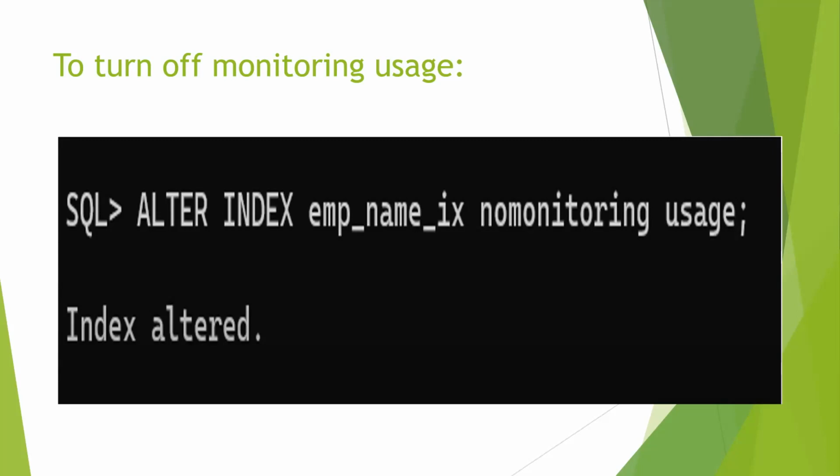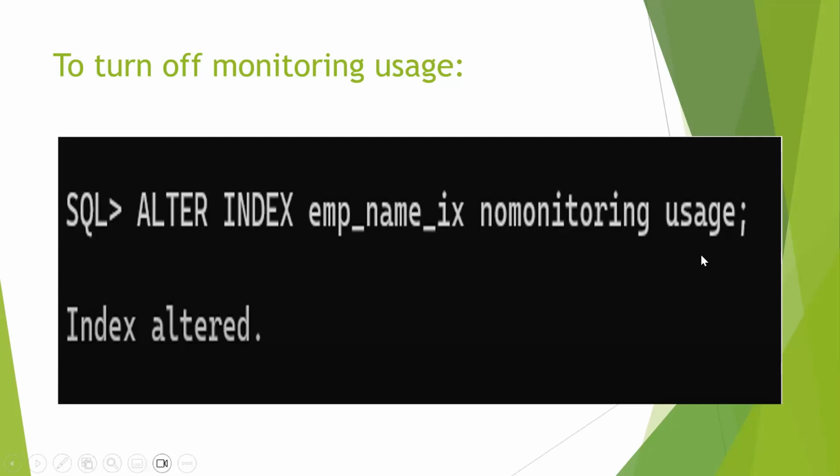So how do we turn off the monitoring usage? We use the same command we discussed before. Just instead of MONITORING USAGE, we write NO MONITORING USAGE. So ALTER INDEX employee_name_ix. ALTER INDEX is the reserved keyword, and this part of the statement specifies the index that we want to alter, with its name.